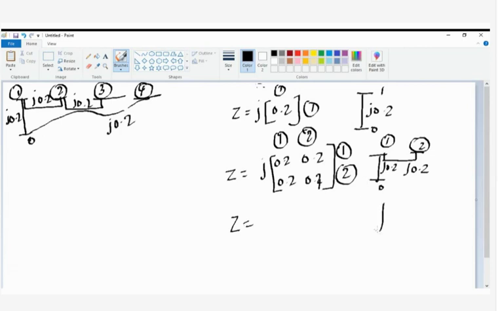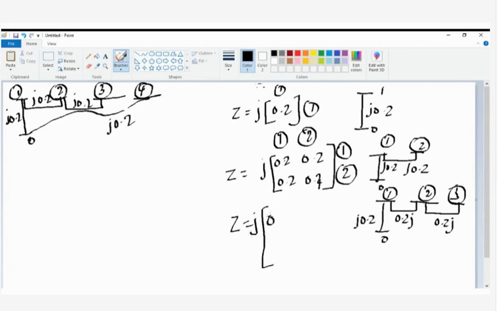Third element would be just like the extension, 0.2, 0.2, 0.2, 0.4.